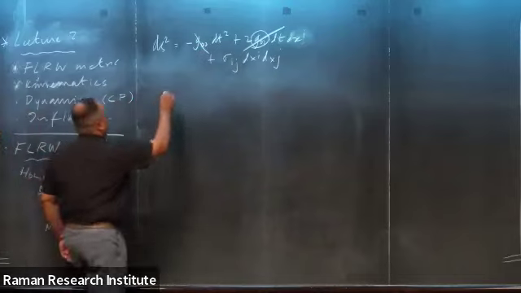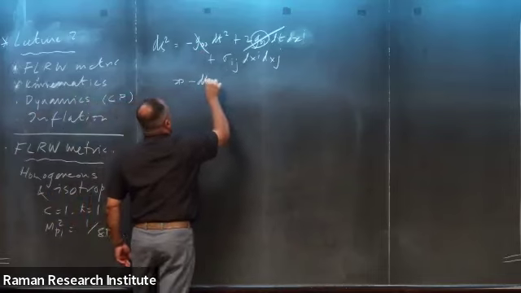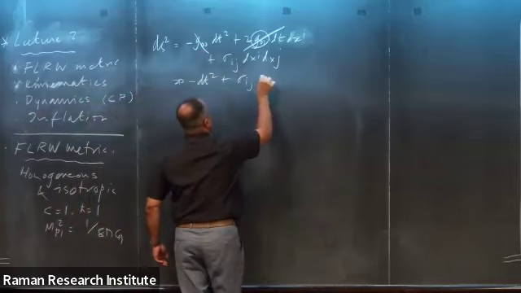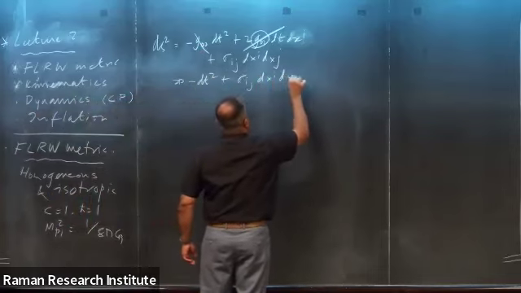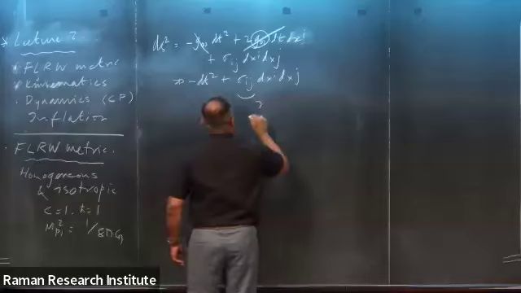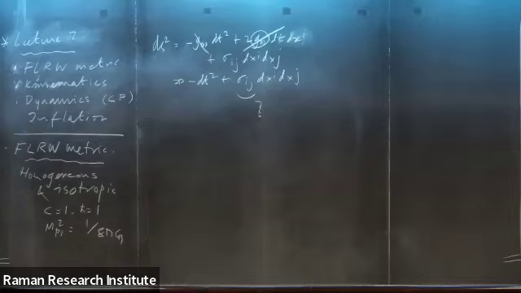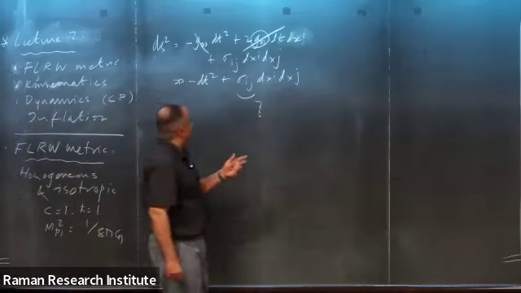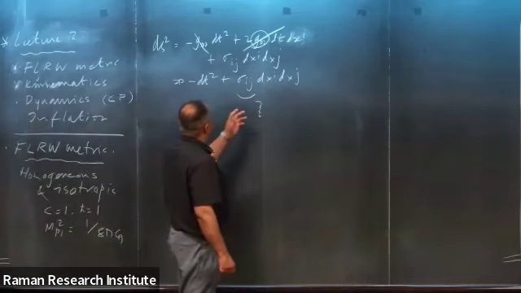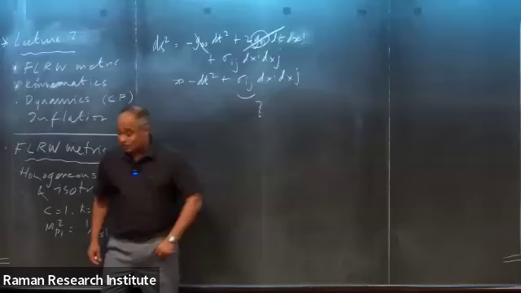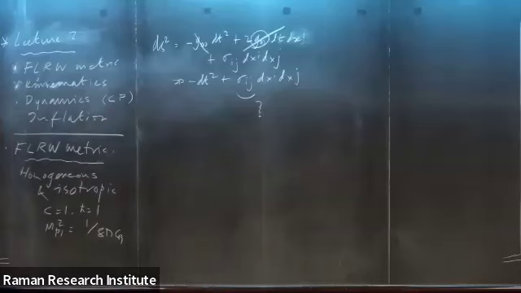So my metric reduces to minus dt squared plus sigma ij dxi dxj. Now it's a matter of dealing with this metric, this line element. I need to account for the expansion of the universe, and I need to account for homogeneity.